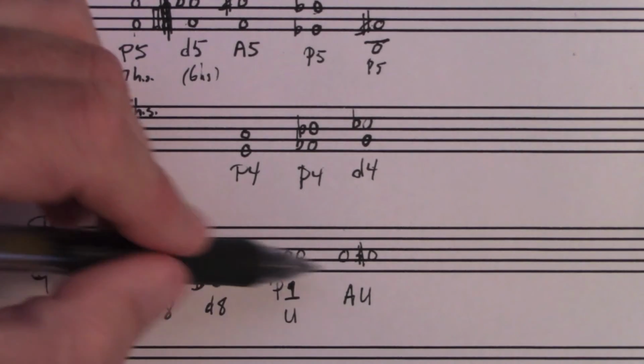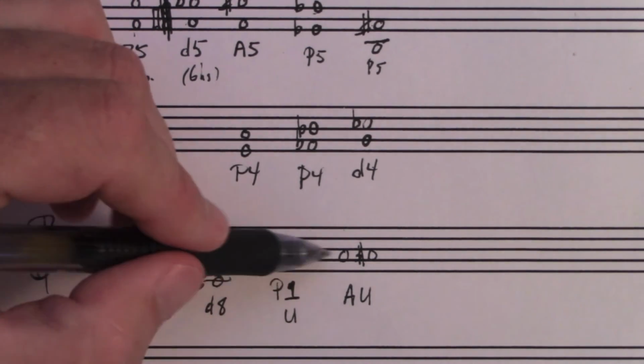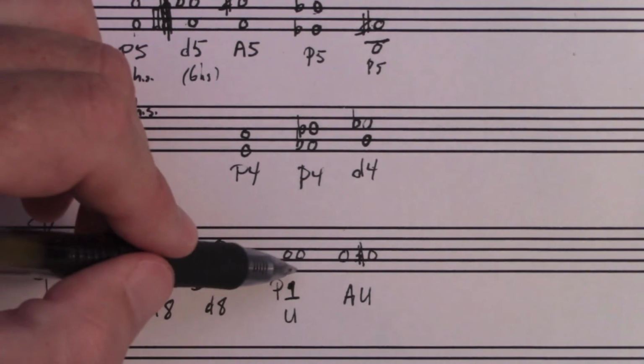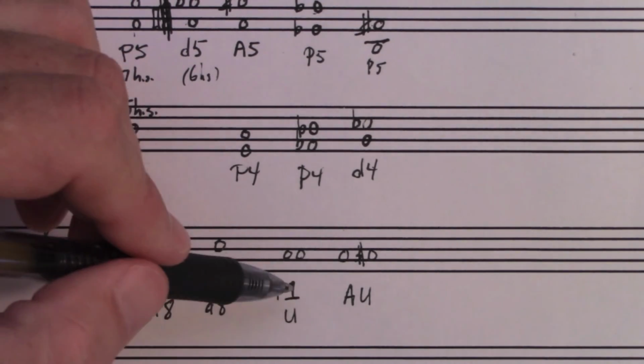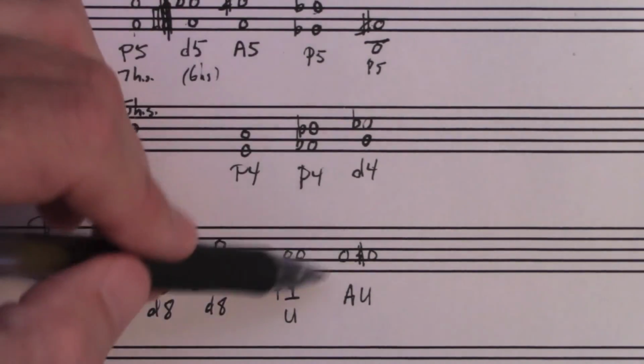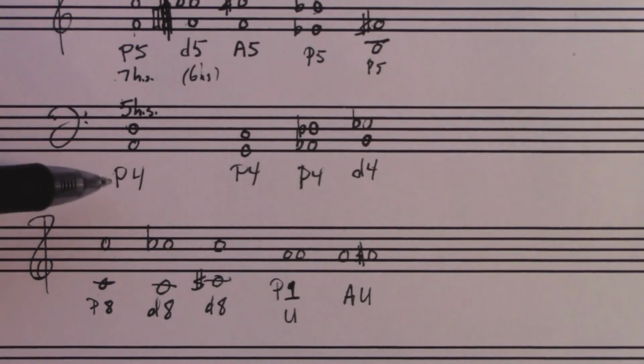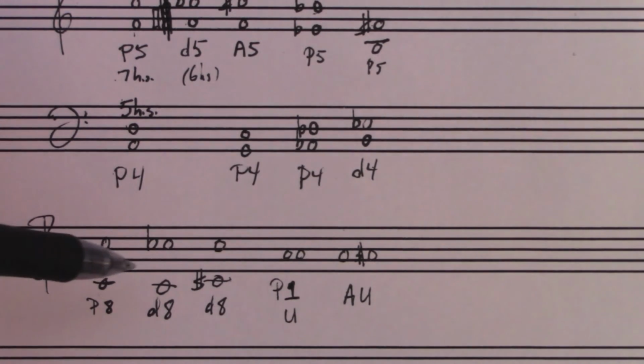This does not happen very often, but you need to be aware that it is possible. From an A to an A flat would be a diminished unison, or it would be an augmented unison from the A flat.